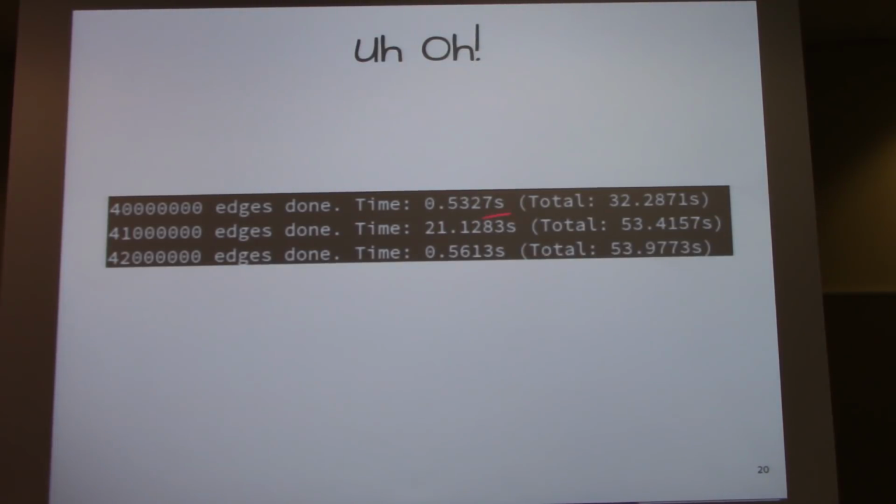in between, you get these 21-second loads, right? And you can guess what's happening, right? Garbage collection. And 21 seconds still seems fine, I mean, at 41 million edges it is still fine. But as my count increased, as I reached the 1 billion edge count, these pauses were going up to 100 seconds or even larger, right?